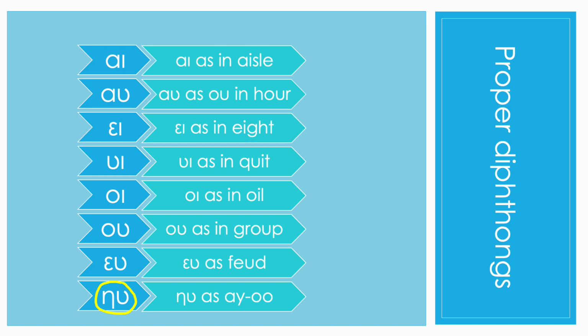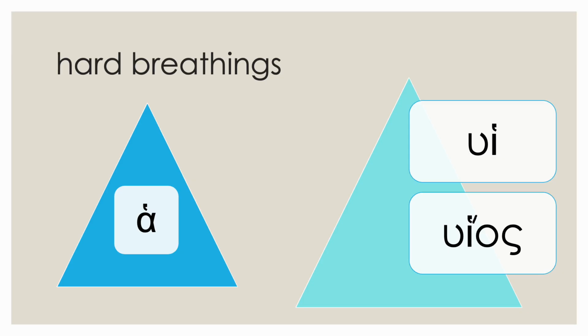Now quite often when you see these diphthongs, they will have a hard breathing, giving them either an H sound, such as hui or hu, or a Y sound. Hard breathings look a little bit like a backwards comma above the letter.